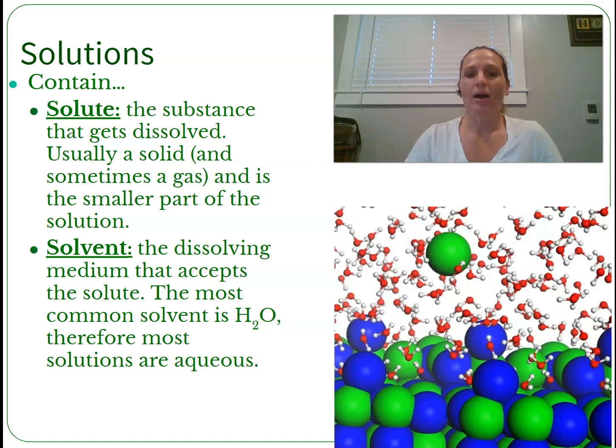Okay, so in this picture, what we're seeing is a lot of little water molecules. Those are the red and white guys. And they are picking up these big giant spheres of solute.